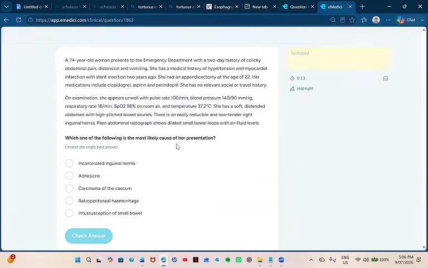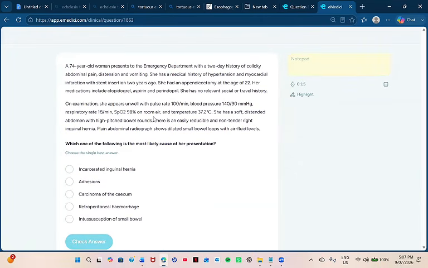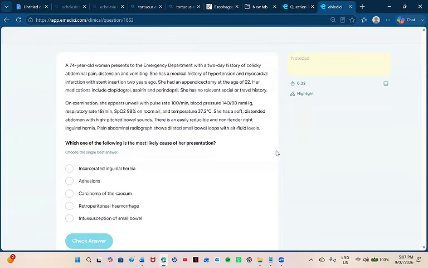Here, a 74-year-old woman presents to the ED with a 2-day history of colicky abdominal pain, distension, and vomiting. She has a medical history of hypertension, MI with stent 2 years ago, and appendectomy. Medications include clopidogrel, aspirin, and perindopril. No relevant social or travel history.